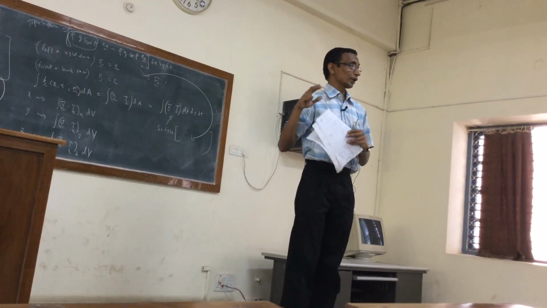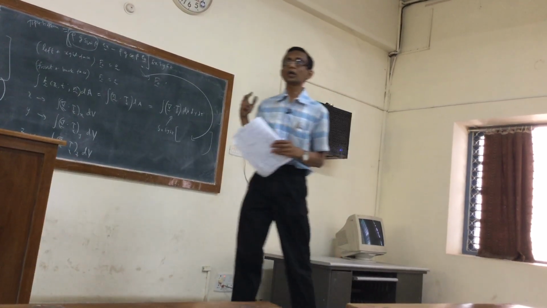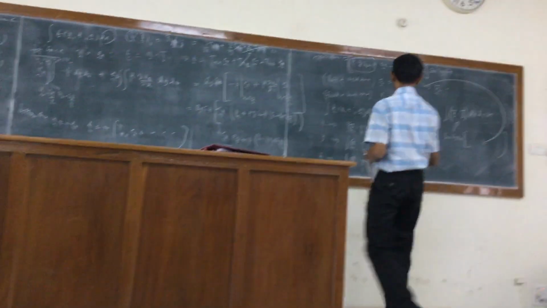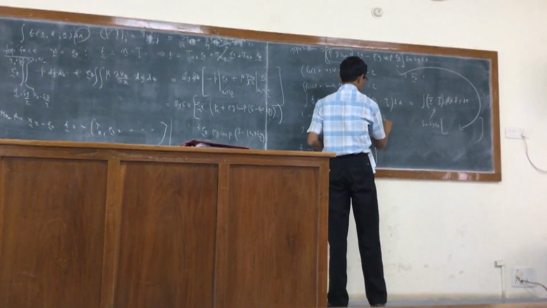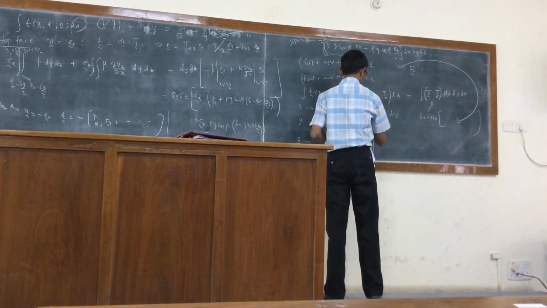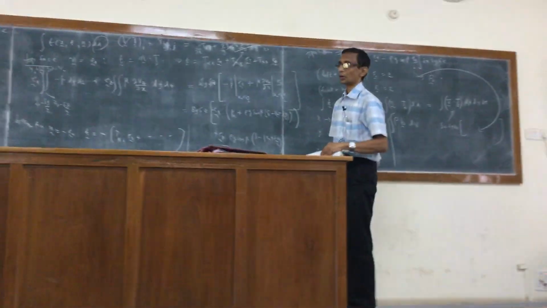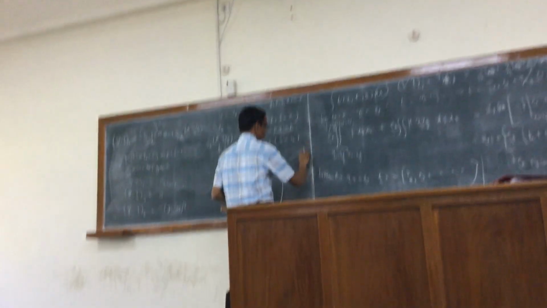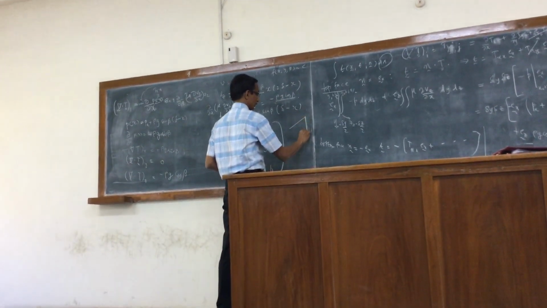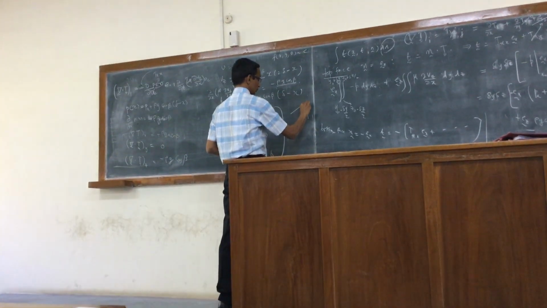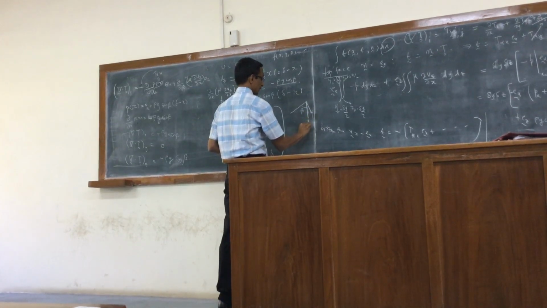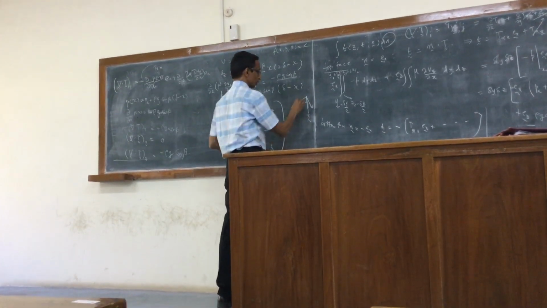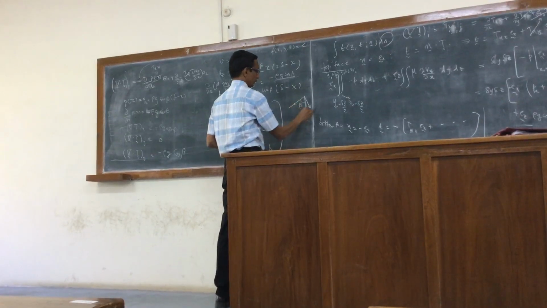Now you can ask, this is only the contact force. What about the body force? The body force is the integral of rho b dV, right? And here, for the inclined plane, we have to be careful about g. This is the g that is acting vertically down, so it has to be resolved.